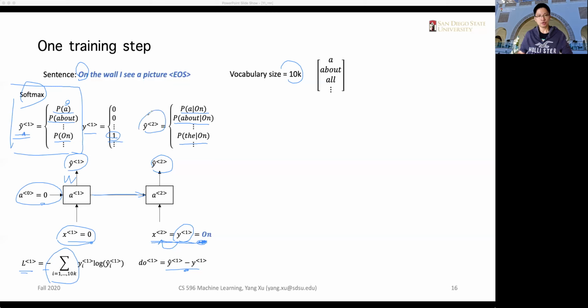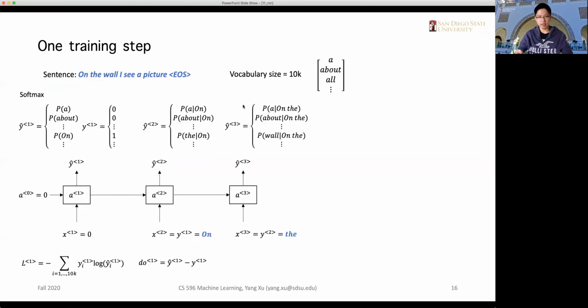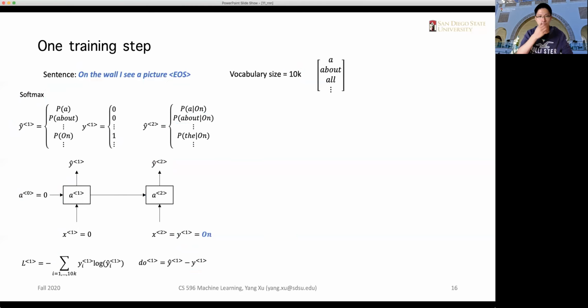This y hat 2 will be compared with the ground truth y2 again to get some loss to update the parameters. The y2 is the word the, which I didn't list here, but it's straightforward to see that we'll need to compare y hat 2 with y2.